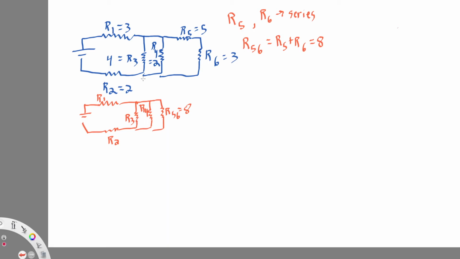Yeah, we could totally do that because these 3 here are all in parallel with one another. So if they are in parallel, then we have to do reciprocals. And because I don't want to write 3, 4, 5, 6 as a subscript, I'm just going to call that RA.